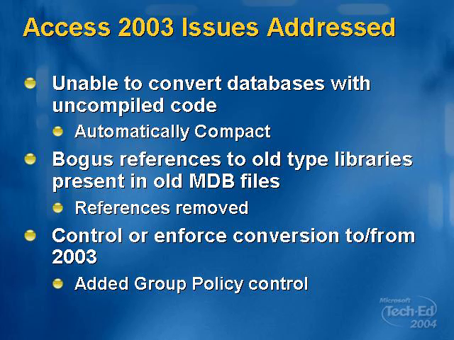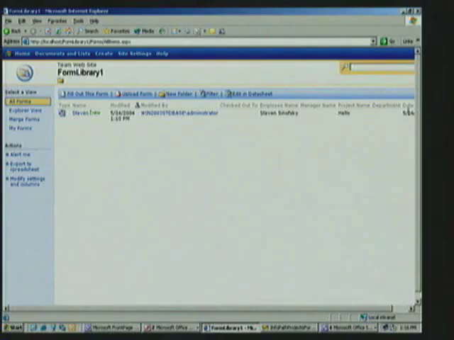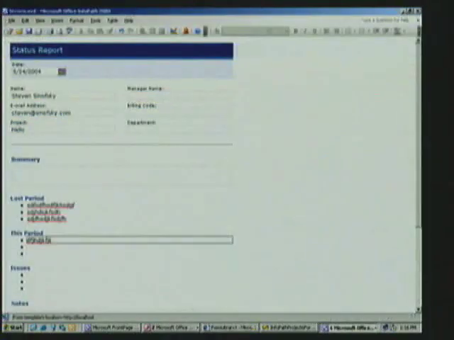So we added a group policy that by default doesn't upgrade the database, and allows administrators to remove, suppress, or require that dialog box, depending on what you would prefer to do. Those are just some of the code issues that we dealt with in Service Pack 1 for Access 2003. Combine that with the tool and the other stuff, and I think we've got a pretty good story. So let me show you this tool and what we've done there.